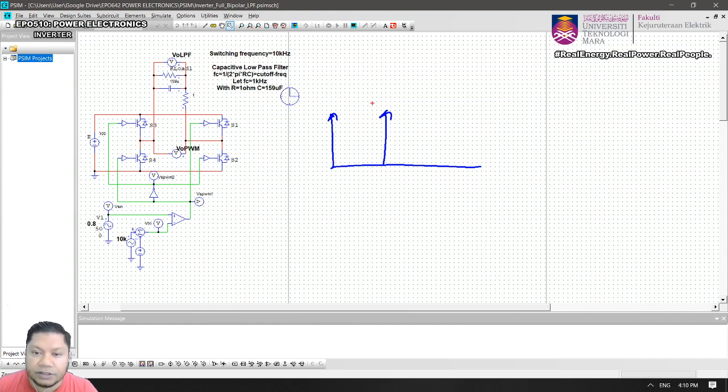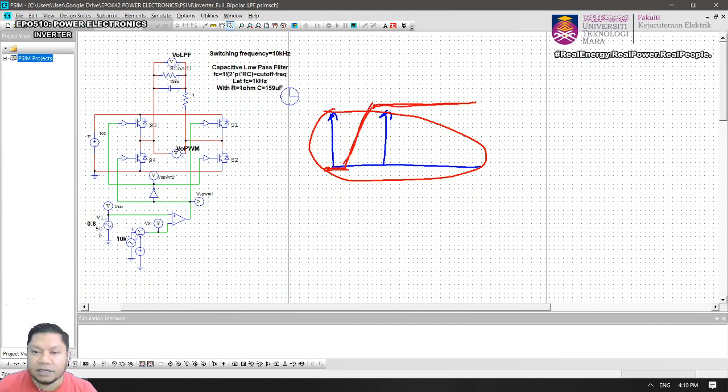Right, so this is my LC filter, whereby if this output voltage is multiplied by this LC filter, the output only gives this fundamental, isn't it? You can think of how to do it.